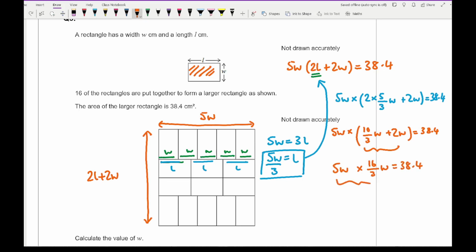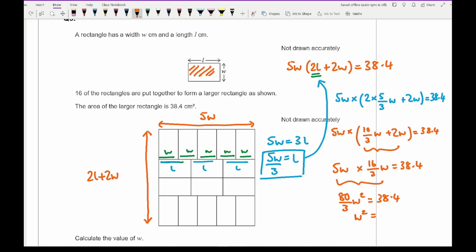Then if I neaten all of this up by doing 5 times 16 over 3, I get an answer of 80 over 3 w squared equals 38.4.